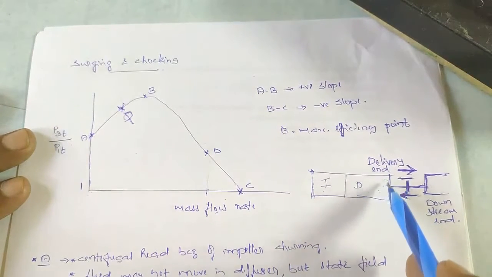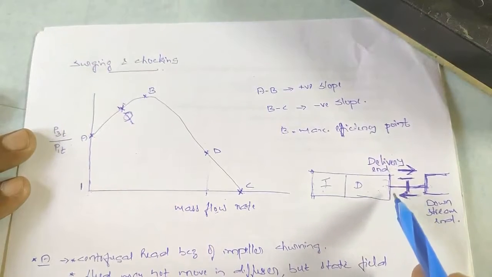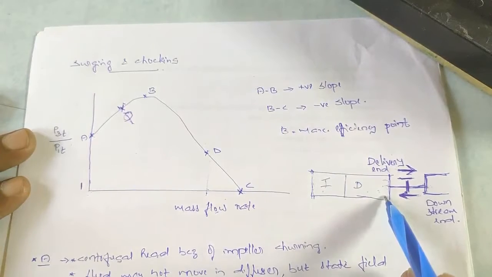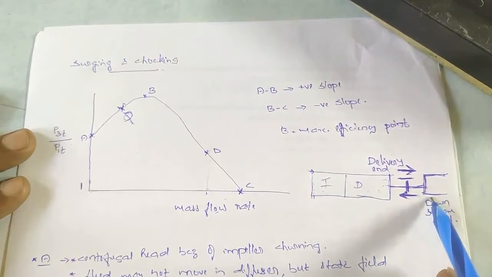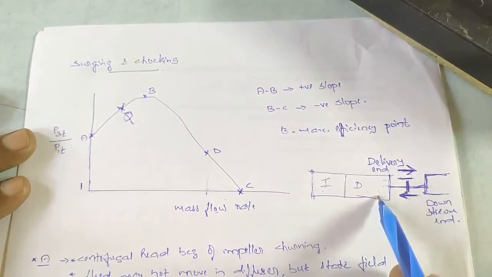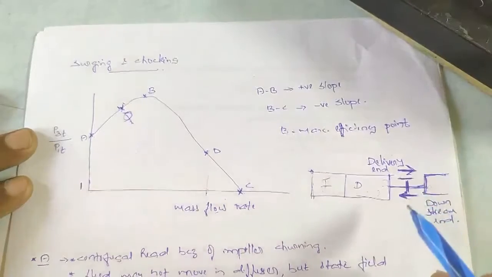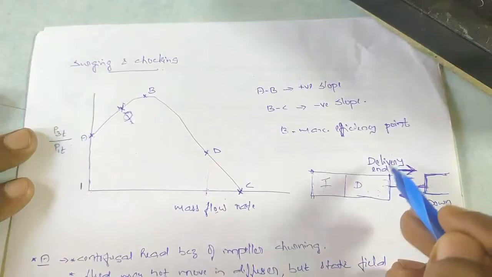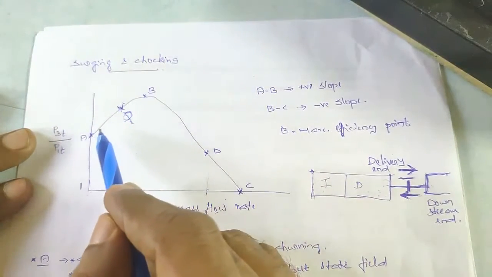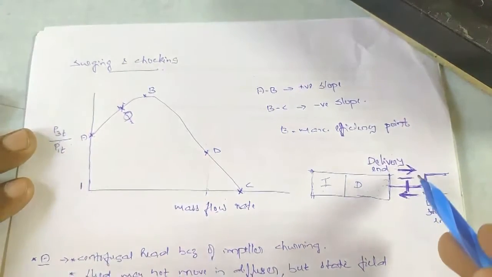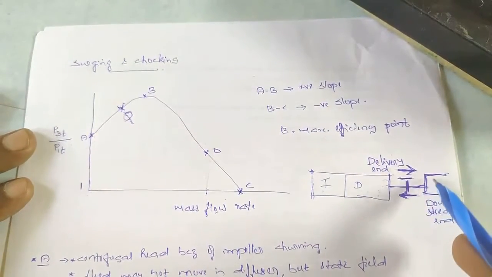And this will obstruct the flow from the delivery end further. That will cause the pressure to drop further. So more flow will happen from the downstream end to the delivery end. But as the flow proceeds, the pressure on the delivery side decreases and keeps on decreasing up to the point A. By this time, as there is no flow to the downstream end, the pressure starts to decrease there.